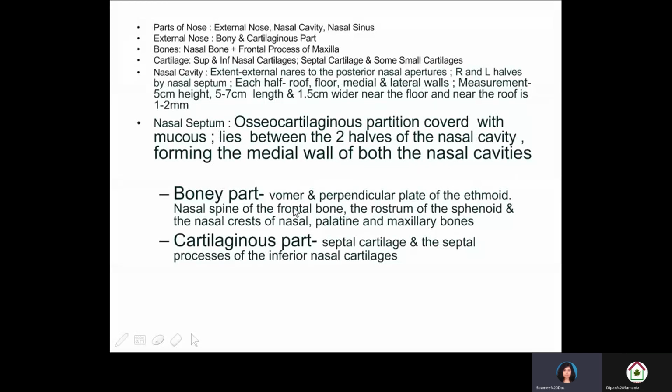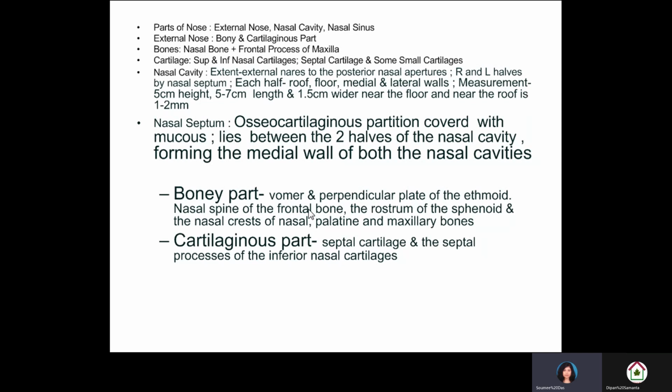The bony part of the nasal septum is comprised of the vomer, which is a facial bone, and the perpendicular plate of the ethmoid. So the ethmoid bone and vomer bone constitute this bony part of the nasal septum.